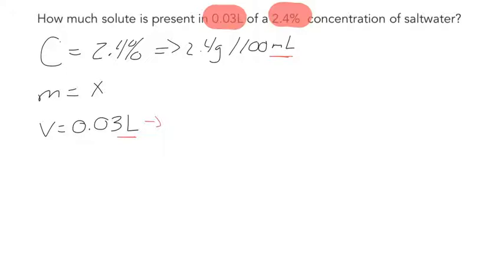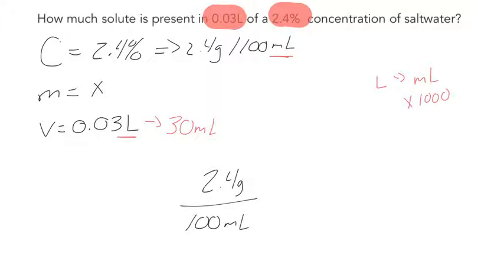To go from liters to milliliters, I multiply by 1,000. So that means I have 30 milliliters of volume. Now that I have all my variables, I'm going to set up my cross multiplication: 2.4 grams over 100 milliliters equals, since I don't know what my M is, X over 30 milliliters.